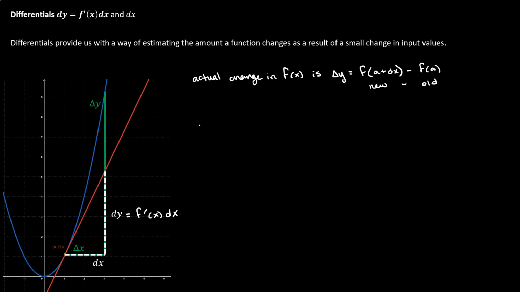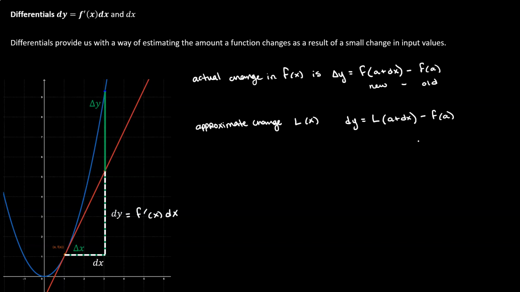The approximate change is given using L of x, so that's our dy. That comes from our function L at a plus dx minus the original function at a.